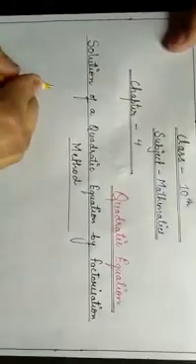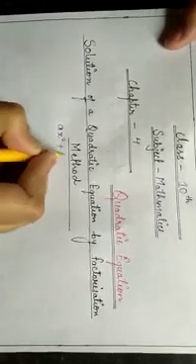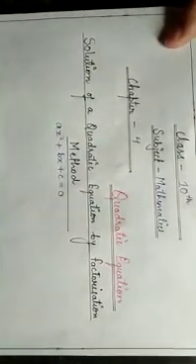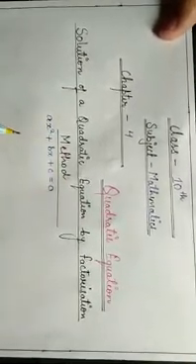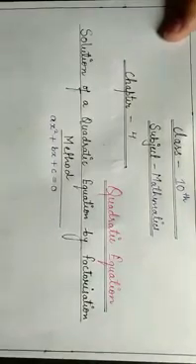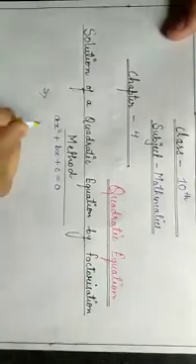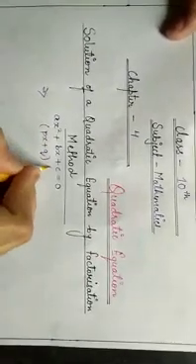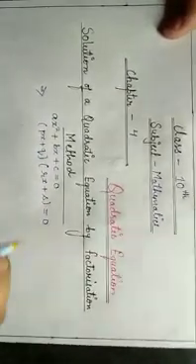Firstly, let us consider the quadratic equation ax square plus bx plus c is equal to 0. Now I am going to express this expression as a product of two linear expressions, which are px plus q and rx plus s is equal to 0.